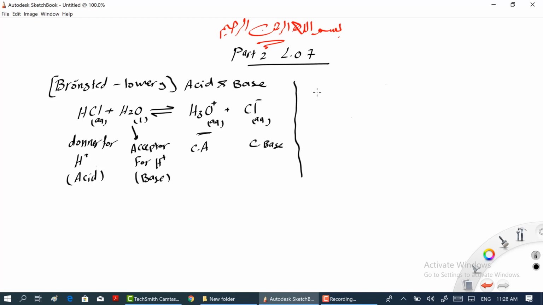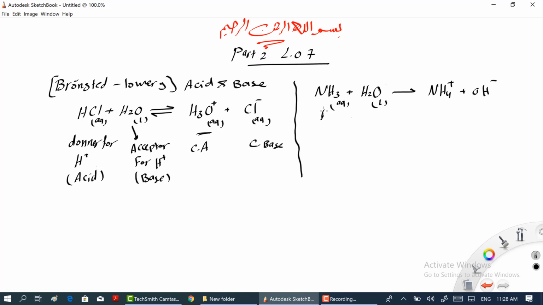And for the base, we talked about it before, I think in learning outcome 3, for the acid and base. Yes, and it's found in learning outcome 7 also. Ammonia reacts with the water, giving to us OH negative.